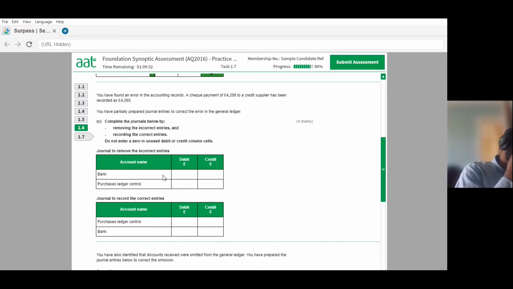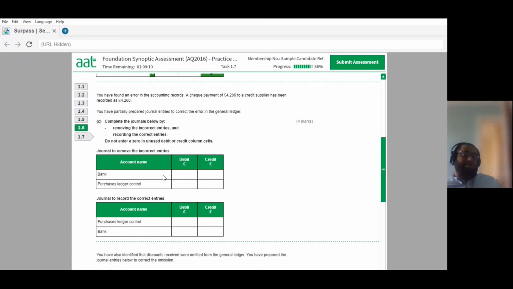So how I'm going to be looking into this now. If you look at that, a check payment of £4,206 being recorded as 4260. They haven't said it's only been done on one account. It can be multiple accounts there. So we have to be very careful what we need to do here.